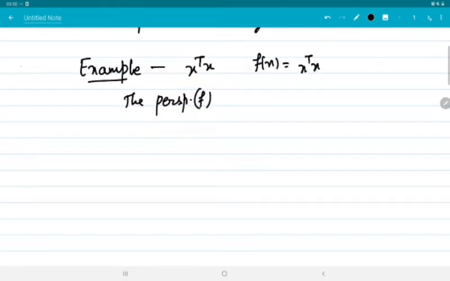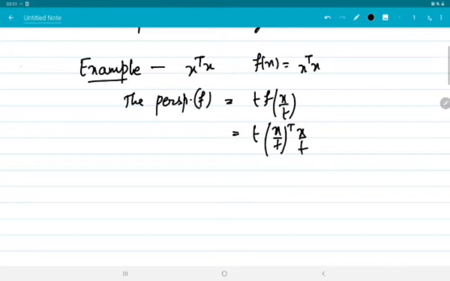So the perspective will be t times f of x by t, so this is t times x by t transpose x by t. But t is a single variable, so we can just pull it out. So this is x transpose x by t.